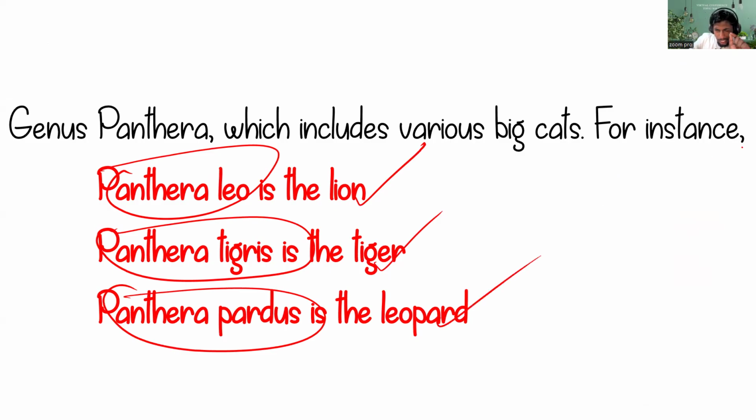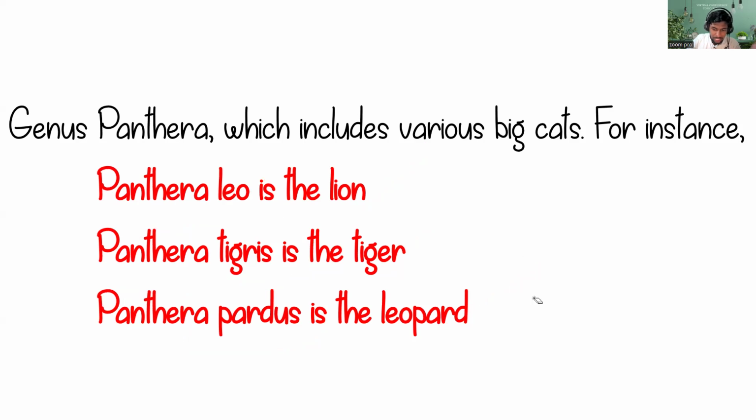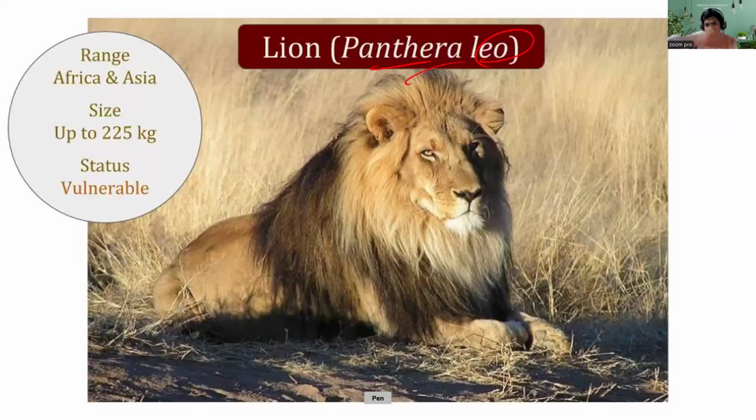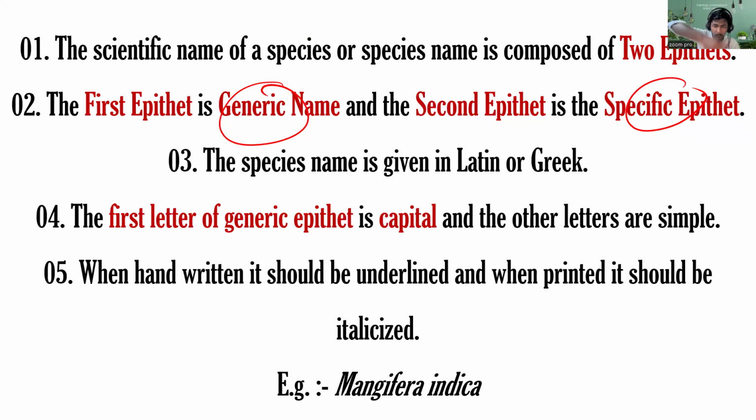So from this you can understand that the first epithet is called the generic name. The generic name can be found for all the species related to these family members. Generic name and specific name are parts of the scientific naming system.